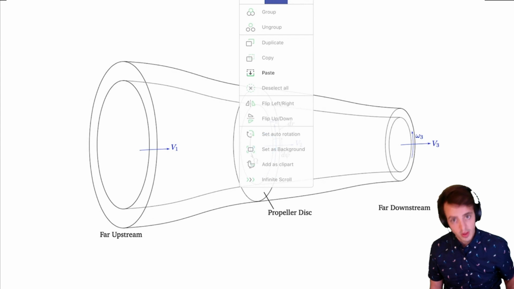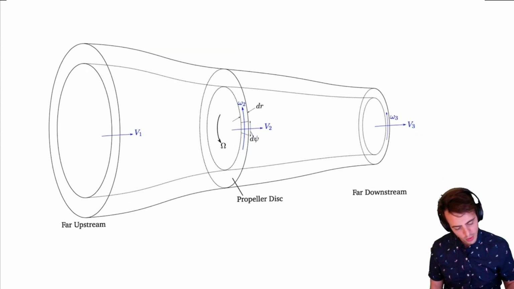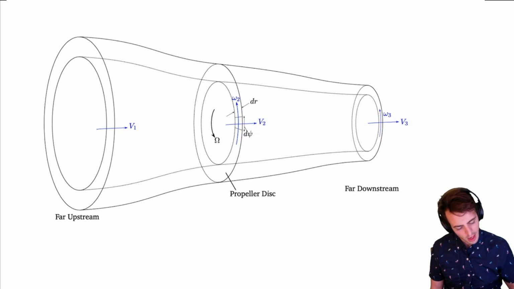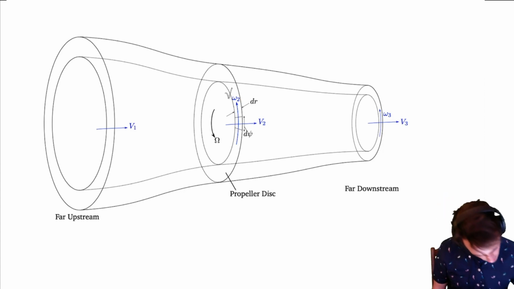This is a nicer 3D version of this diagram. There's one small change here, and again I've changed my nomenclature slightly. These omegas here, let's call these V omega. Let's just cross them out actually.